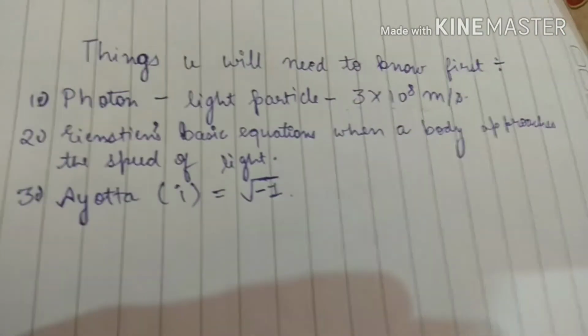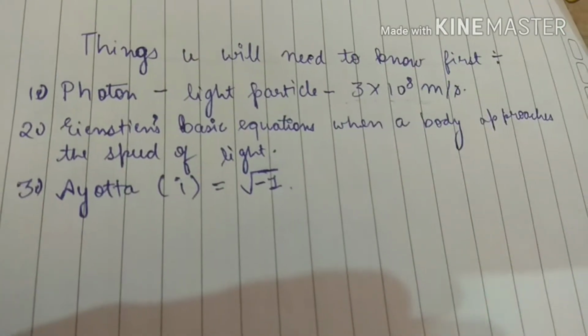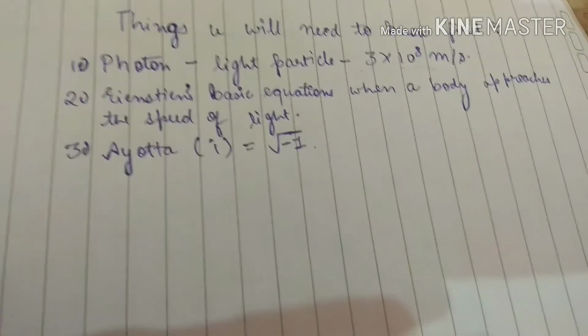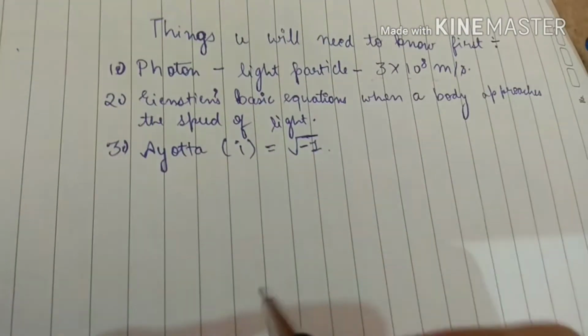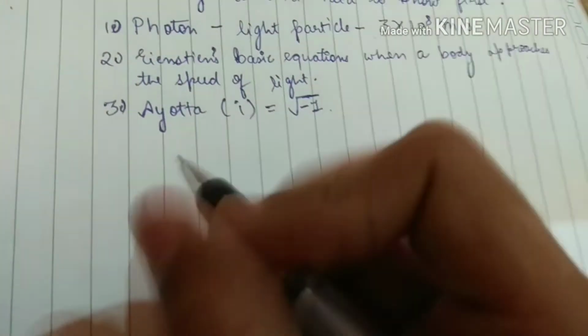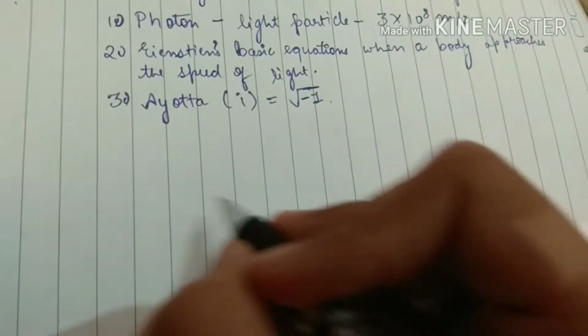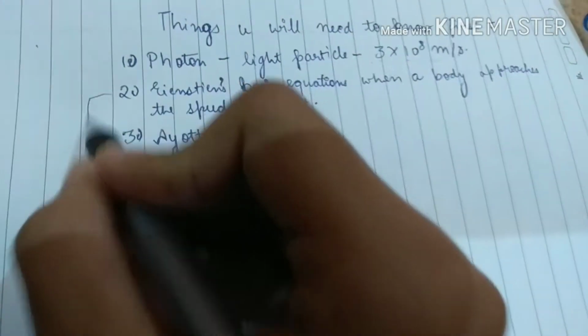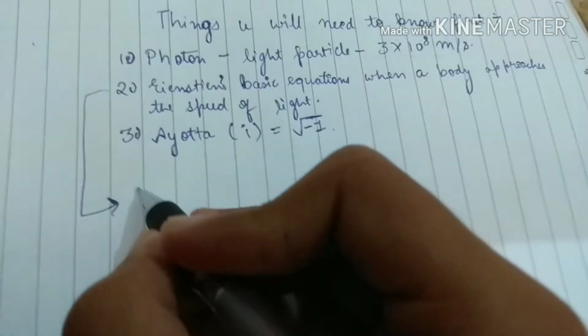These are some basic equations of Einstein's theory of relativity, that state what happens when a body approaches the speed of light. First is the time dilation equation.